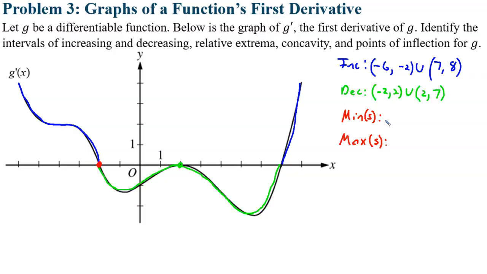So in other words, where the derivative goes from negative to positive, that's going to happen here at x equals 7. And as far as a y value on that minimum, without knowing anything about the actual g of x, we can't figure that out. And by the same logic, we'll have a maximum when our function goes from increasing to decreasing. So in other words, when the derivative goes from positive to negative, like it does here at x equals -2.